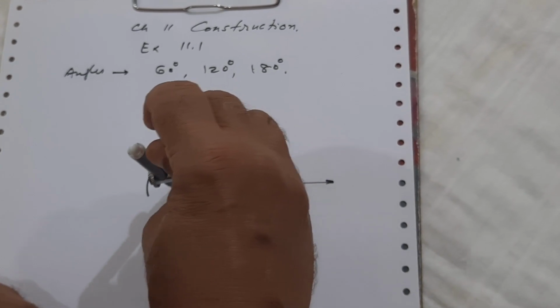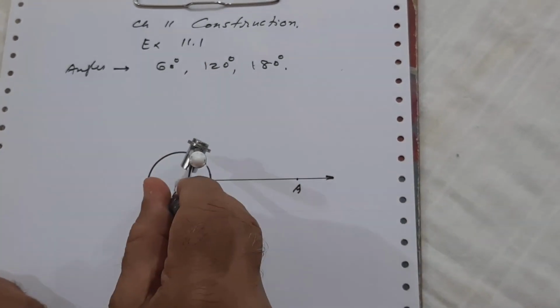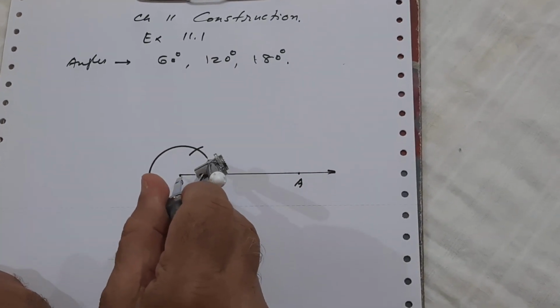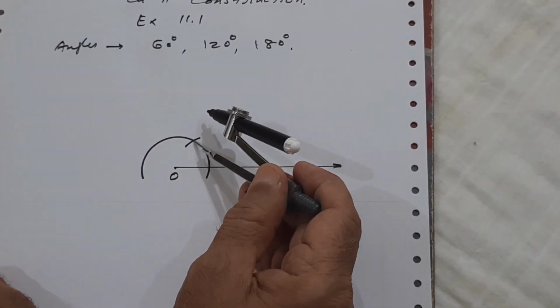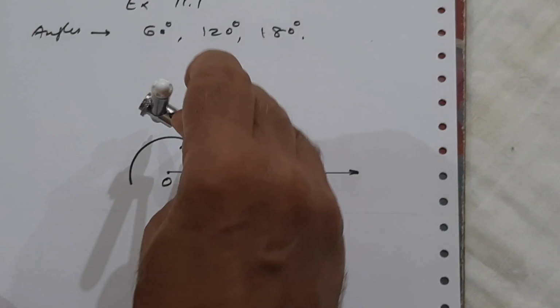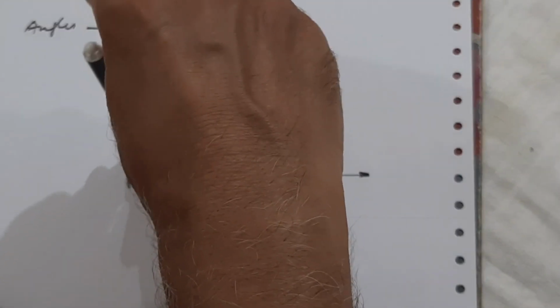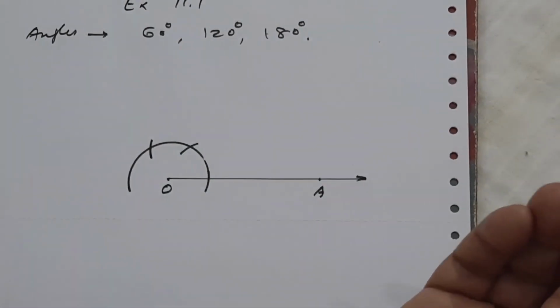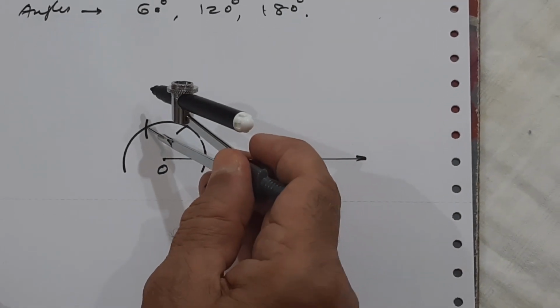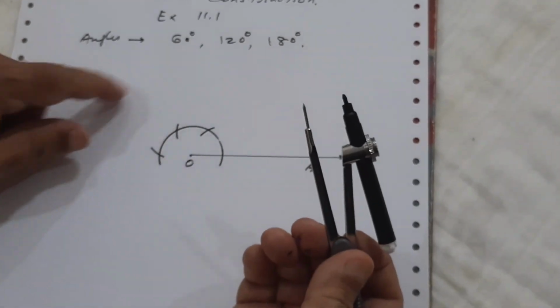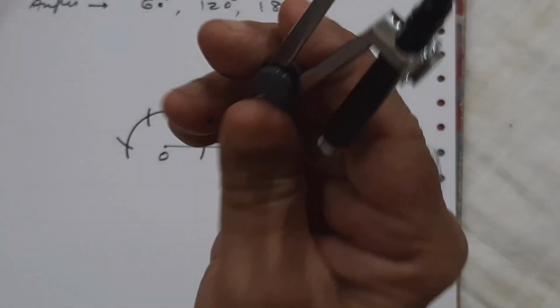Remember, this is the same distance. Now from this point of intersection, draw one more arc, same radius, and again a third arc. So we have drawn three arcs on the first arc, taking the same radius.